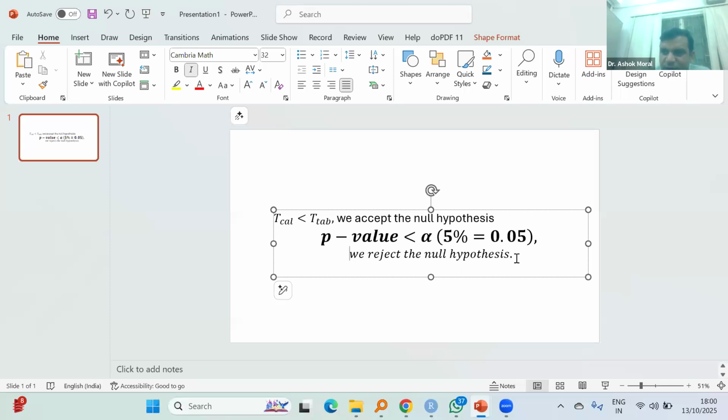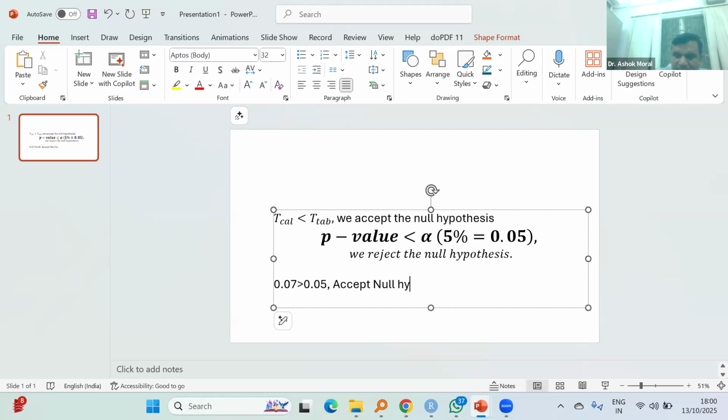And in this case, what is our p-value? 0.07, which is greater than 0.05. It means what? Accept the null hypothesis.